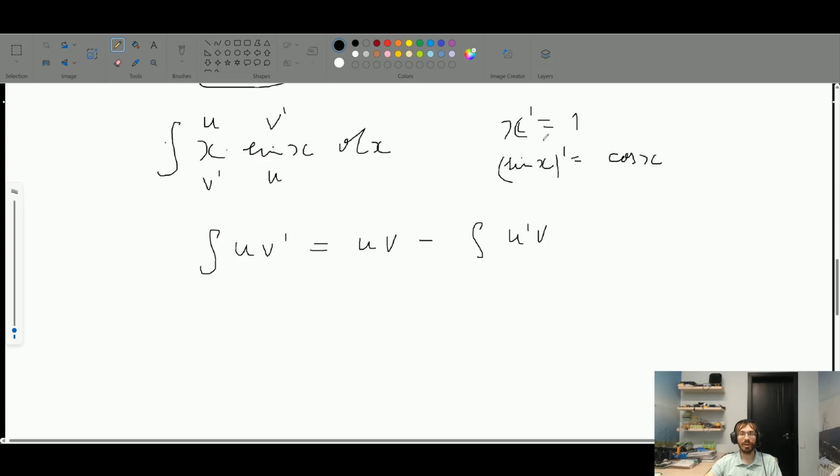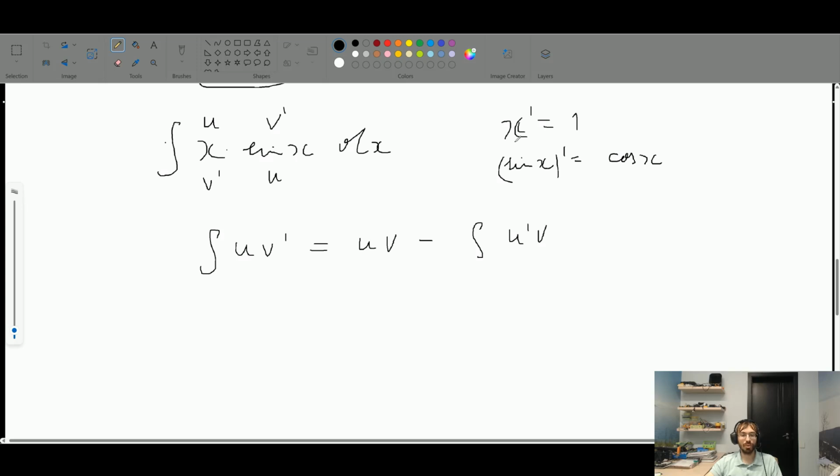So now think, what is simpler? If you differentiate x, you will get just 1. This is very simple. If you differentiate sine, you get cosine x, which is not any simpler than sine. So here the answer is obvious. Our x should be u.